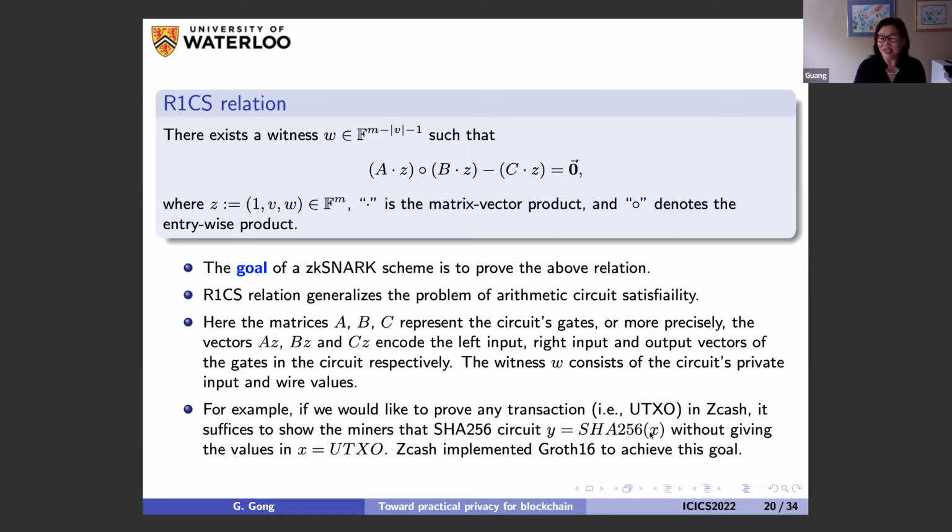This is the way you hide it: without giving X, you prove to the miners that this is what is in the transaction. So Zcash basically implemented Groth16 to achieve this goal.